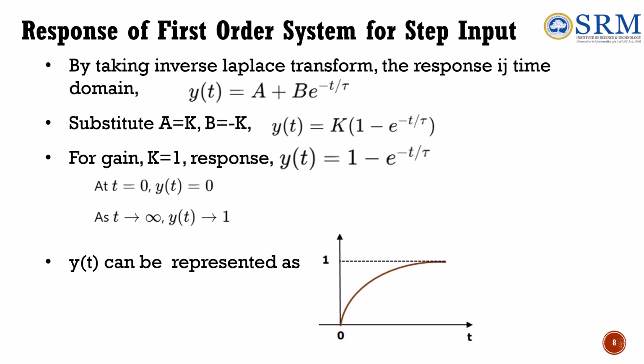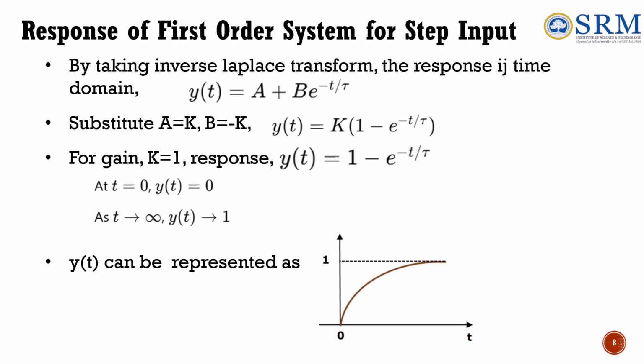After substituting the values of A and B and taking the inverse Laplace transform, the response in time domain is given as y(t) equal to A plus B into e raised to minus t by tau. So, after substituting A and B, we get y(t) equal to K into (1 minus e raised to minus t by tau).